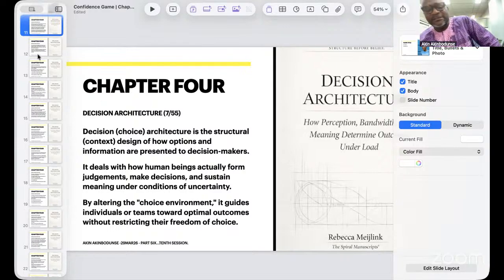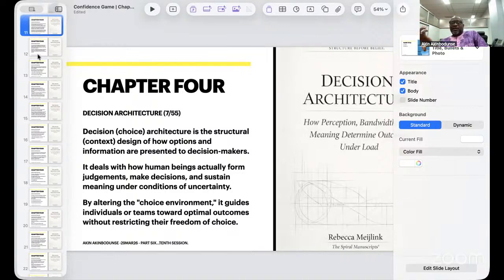In the ethical fashion, you're doing it to help them make an optimal outcome, without restricting their freedom of choice. But there's the unethical part of it, whereby you are trying to make them reach a suboptimal outcome by restricting their freedom of choice, which could be direct or indirect, right? The lighting is indirect.